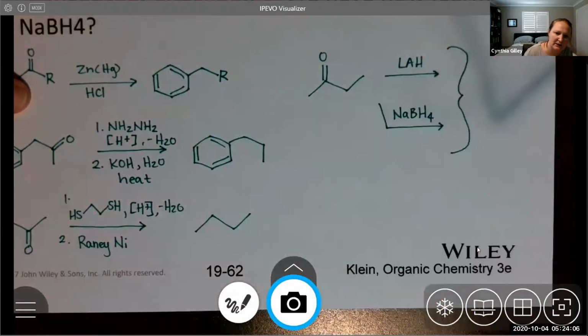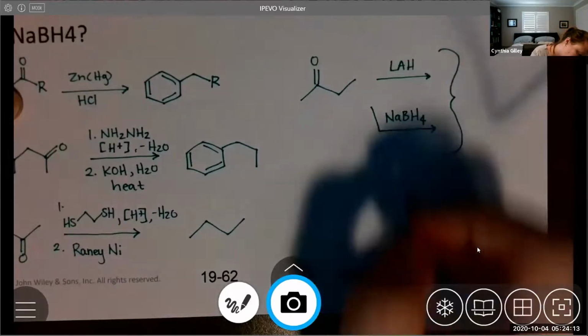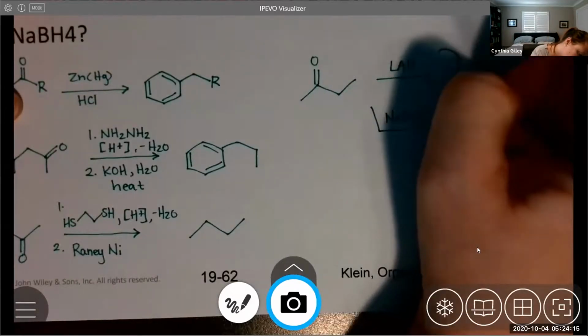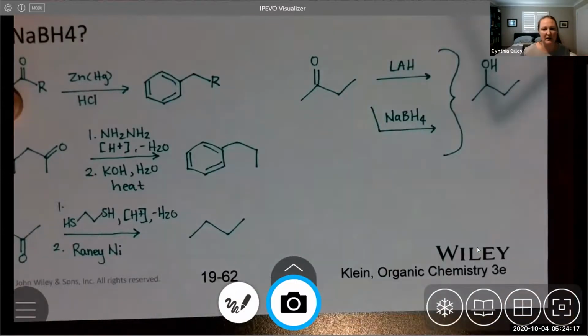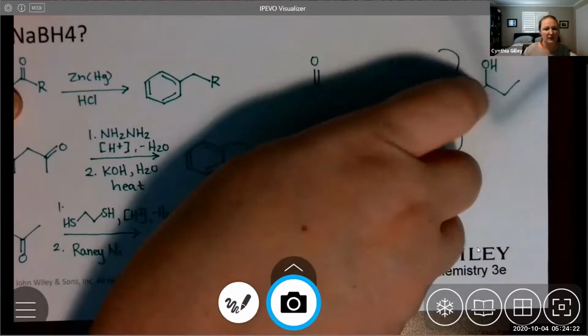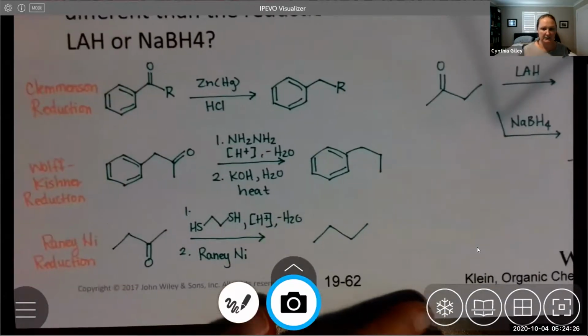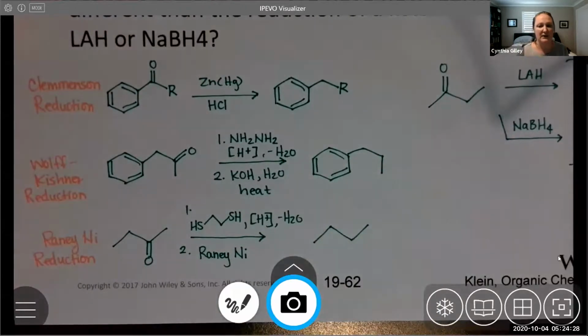So it doesn't completely reduce the carbon. Instead, we end up only partially reducing it down to an alcohol. And this, of course, would be a racemic mixture of that alcohol, but the reduction does not yield a CH2 group. And that's the difference between those and the other reductions that we were talking about.